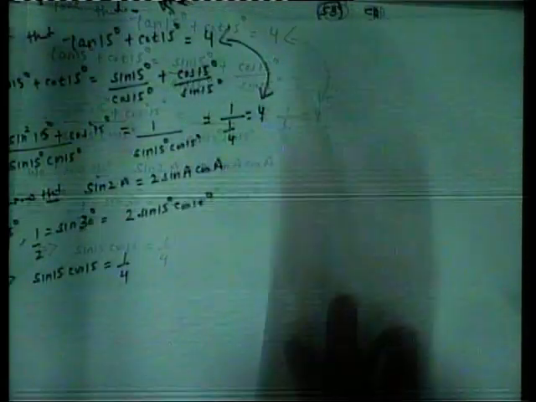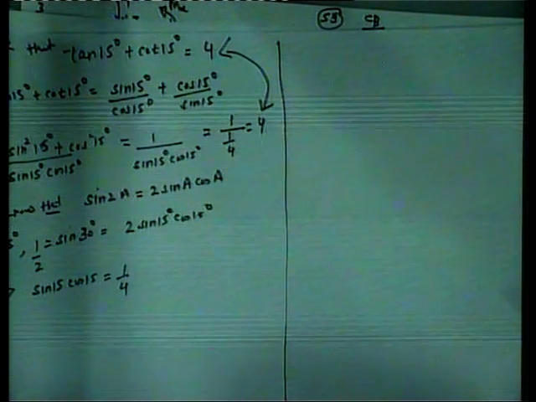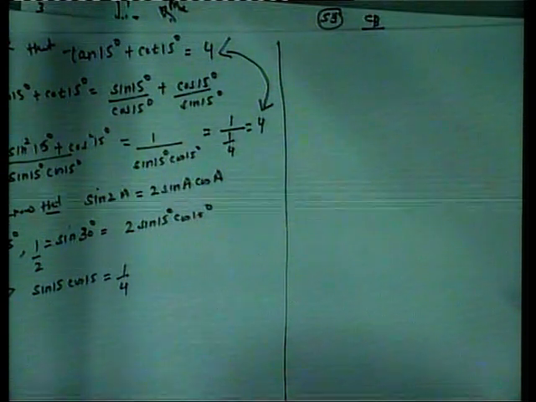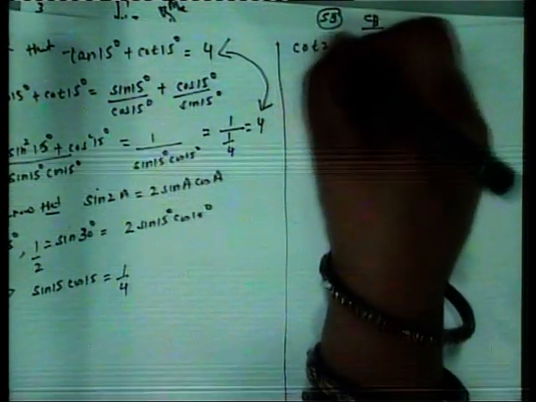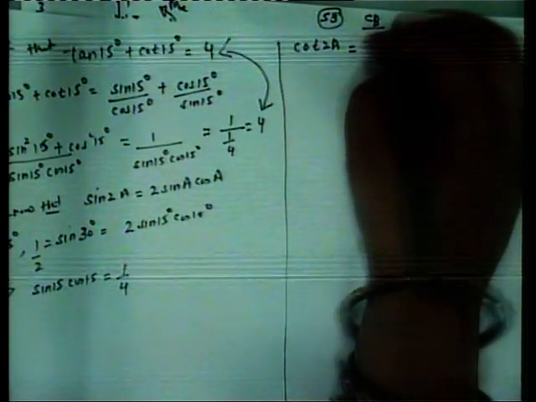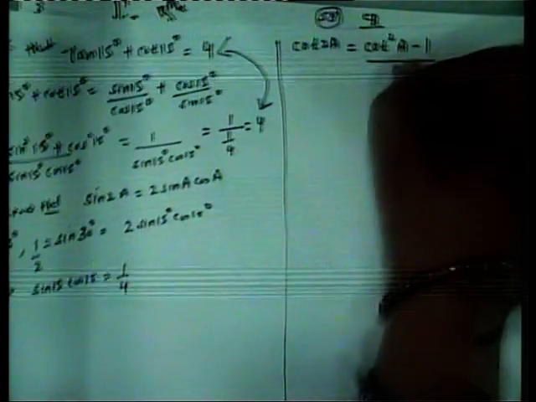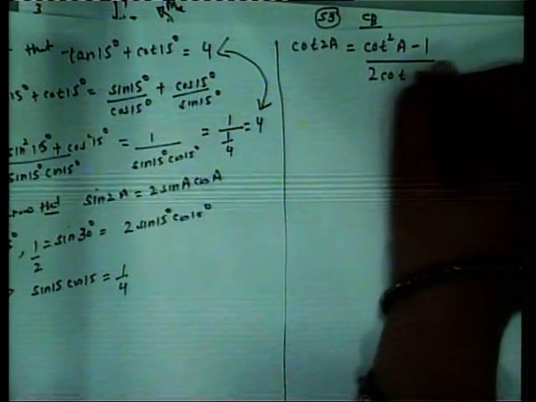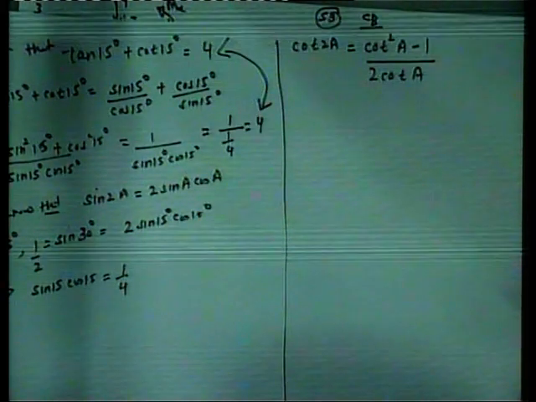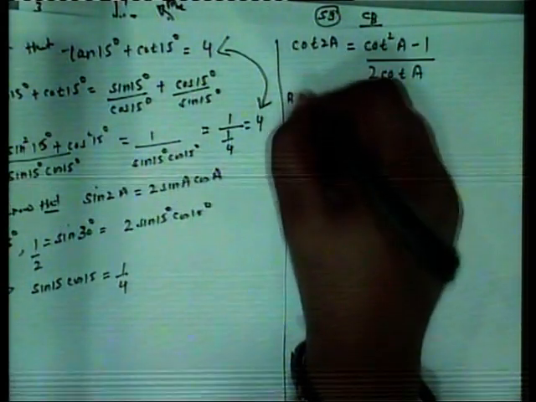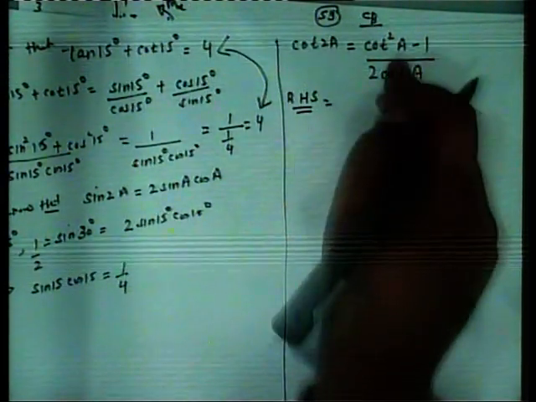So a similar question to this is, okay, that we'll do later. So suppose I have to find the expression of cot 2a, and suppose I have to prove that it is equal to (cot square a minus 1) upon 2 cot a. So cot is cos upon sin, you know that. So in this, I will first simplify the right hand side. So the right hand side is cot square a minus 1.